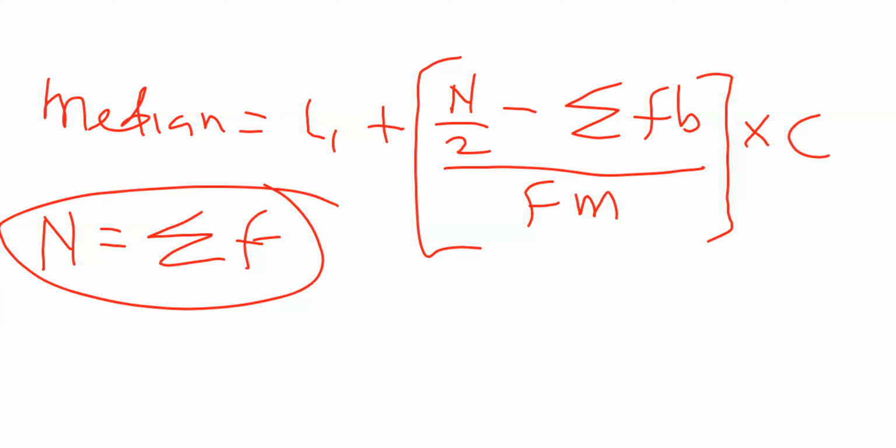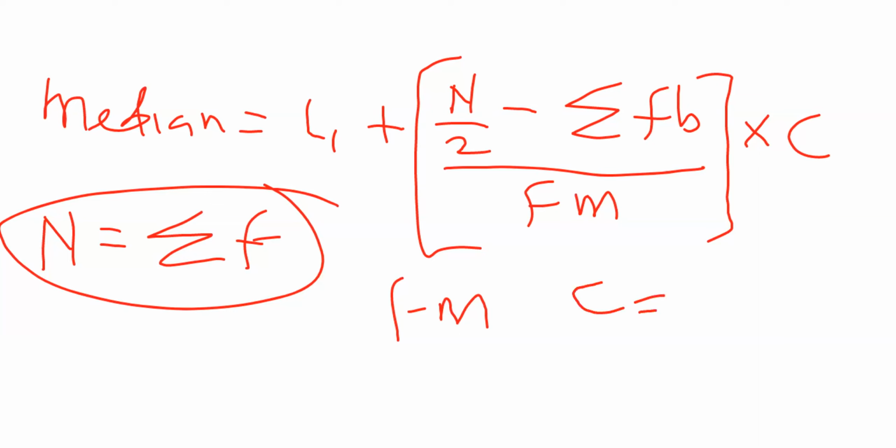This Fm means median frequency. That means if the frequency of the median is 10, that's what we're going to put there. Why the C you are seeing on the board is the length of the class interval.